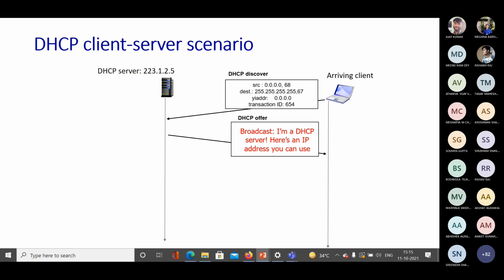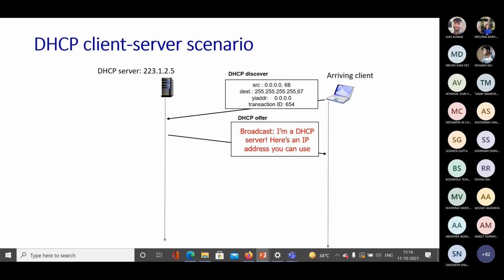So once the DHCP server receives this discover message, it responds by saying, hi, I am the server. But how will it send this information? It still does not know the arriving client's IP address. For sending data to a particular destination, you need its IP address, right?